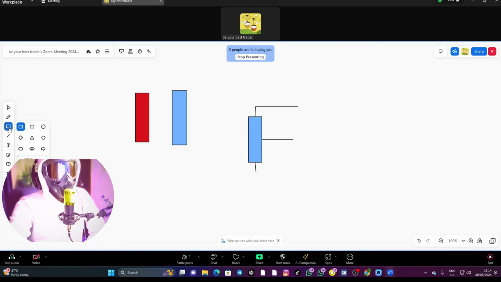If this candle is opening, it gives us our opening price at that point, and then it pushes up. When it pushes up, it forms a top wick, leaving a bottom wick.